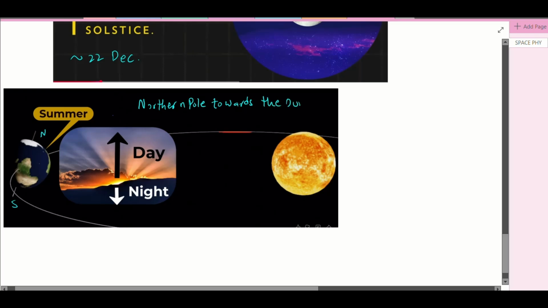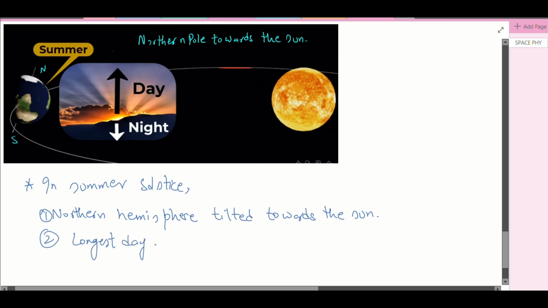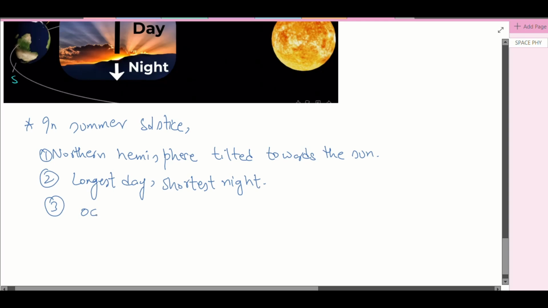The important points you should keep in mind for the summer solstice: the Northern Hemisphere is tilted towards the sun, the longest day and the shortest night, and it occurs around 21st June.